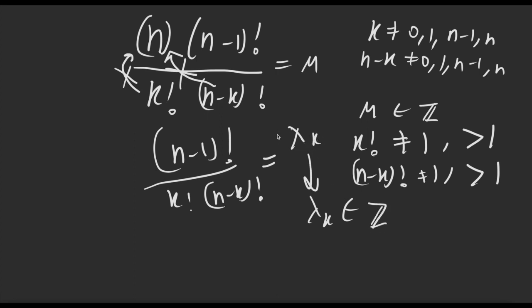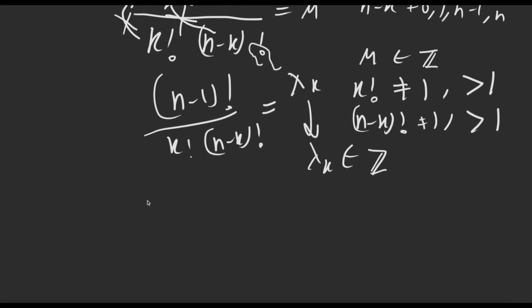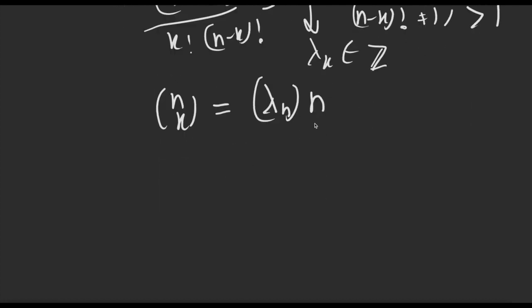That's why I put this subscript. So now we have n choose k is equal to lambda k into n, right? And if we divide it over here, we have n choose k by n is equal to lambda k.